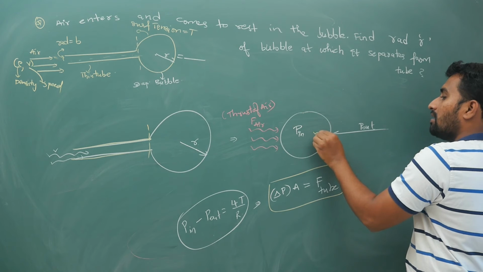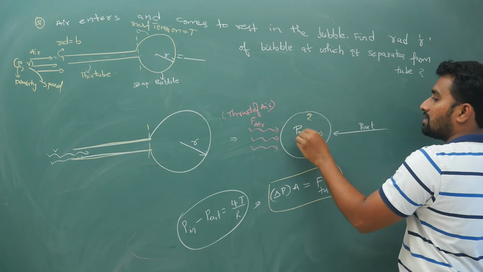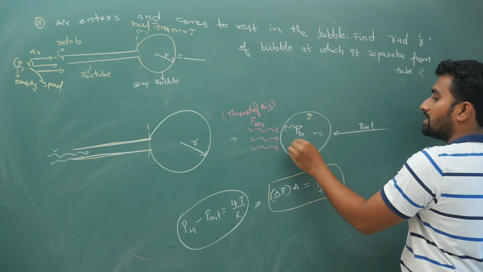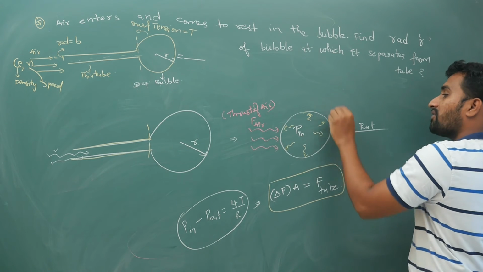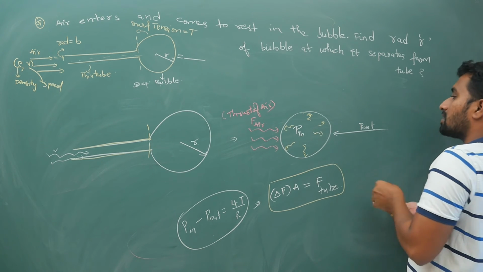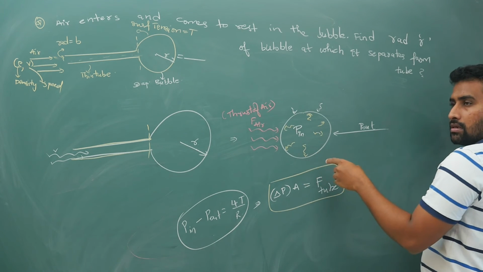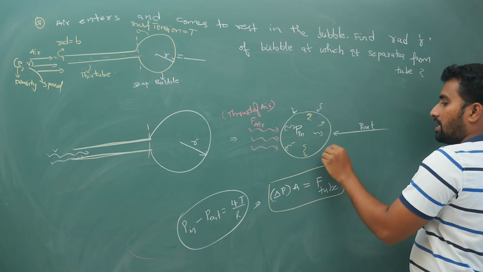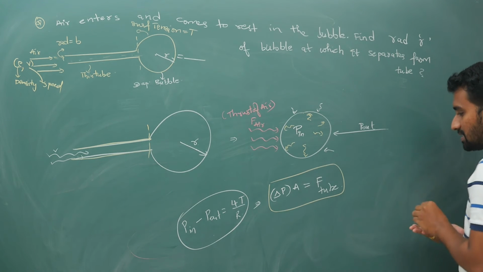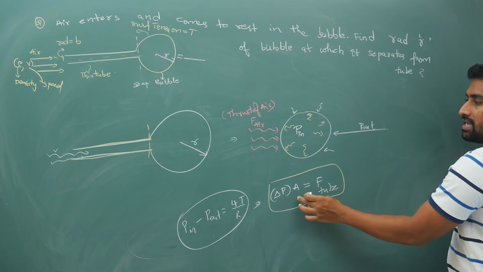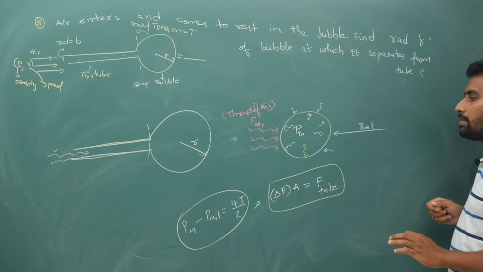Because of the pressure difference everywhere, from inside there will be force outwards, and from outside there will be force inwards. So your pressure difference into area, this previously, getting my point?